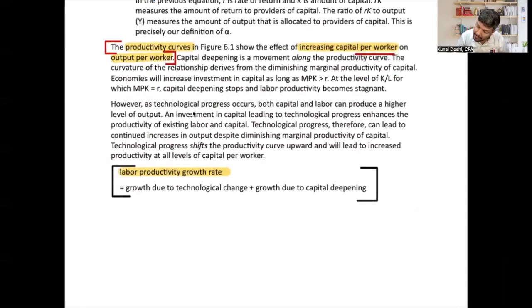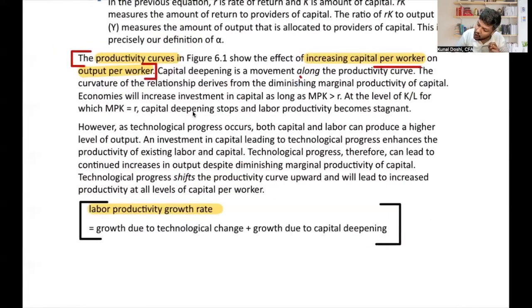So see this capital deepening movement along the productivity curve. What does it say? The curvature of the relationship derives from the diminishing marginal productivity of capital, which means just by increasing the capital, the economies won't keep growing forever. Why?